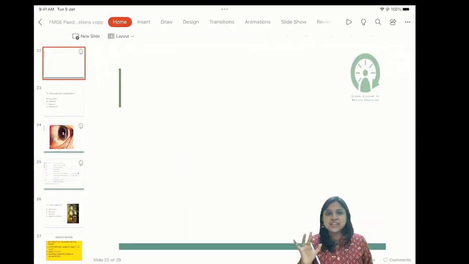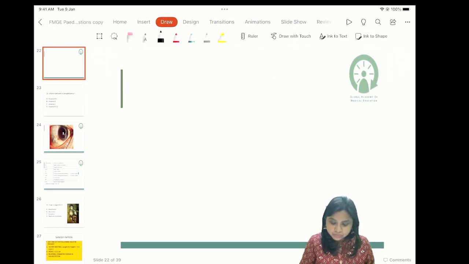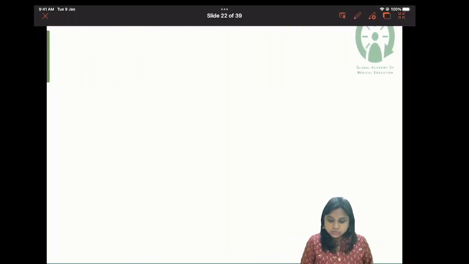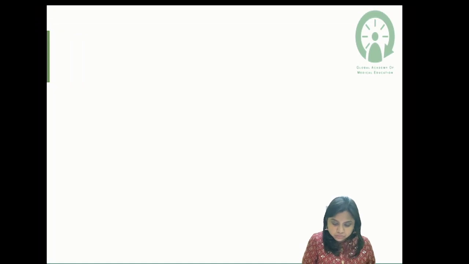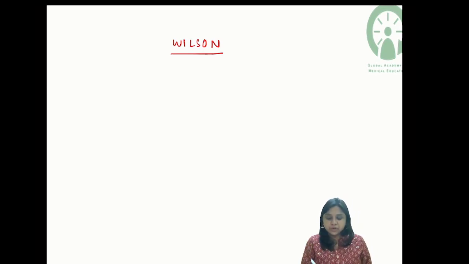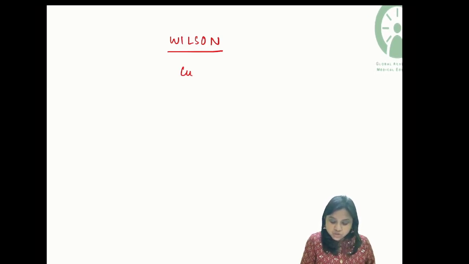So from Wilson disease, what are the things that you need to remember? First, you need to remember that it is copper deposition, ATP7B gene defect.